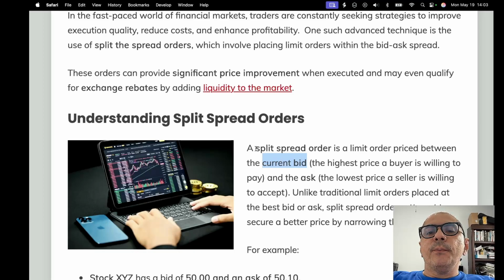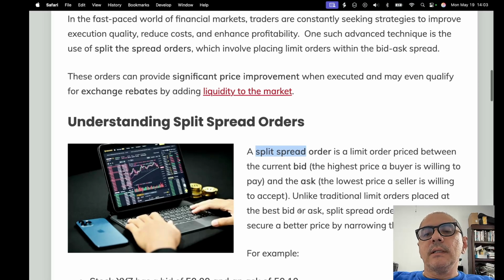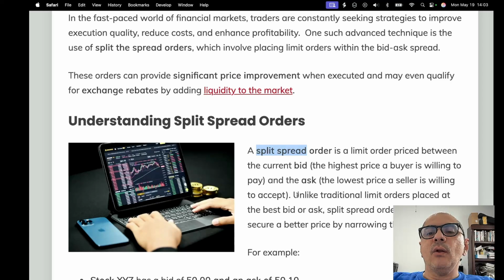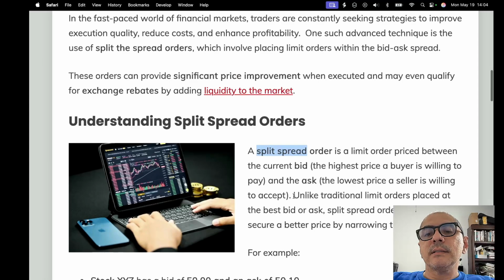But if you use limit orders and you split the spread, then you have a much better chance of getting a good price. In other words, you're not depending on this automatic pricing that is given by the exchanges. This is one of the advantages of trading options: you can try to get a better deal for your trades, and usually that is possible.